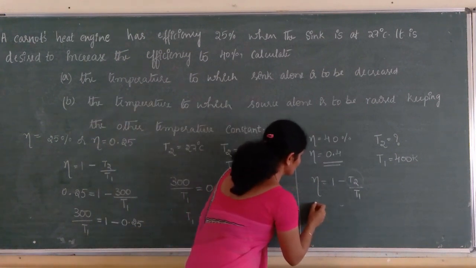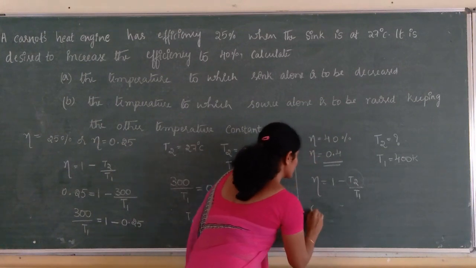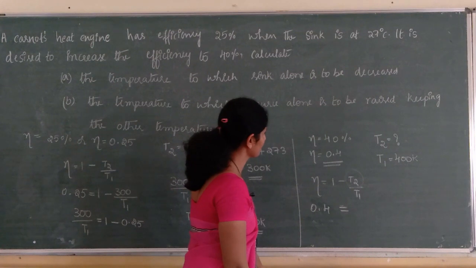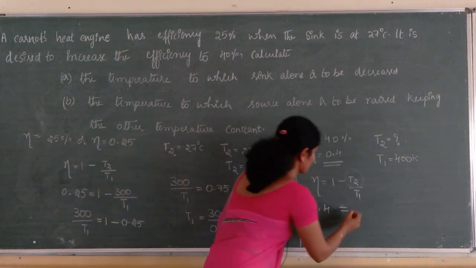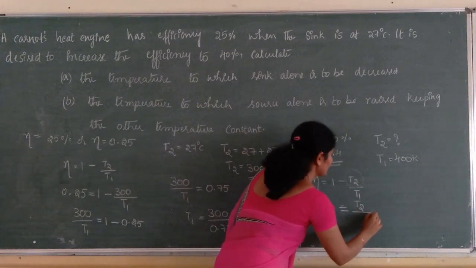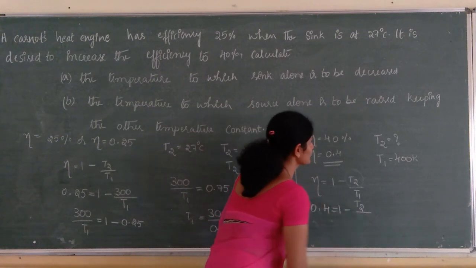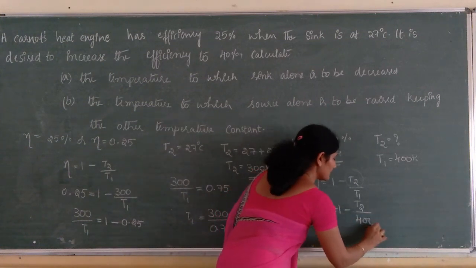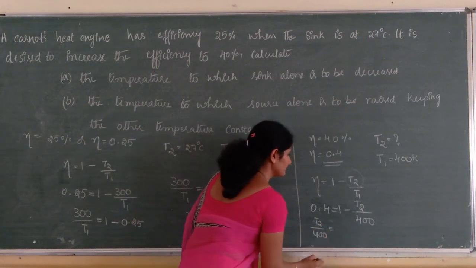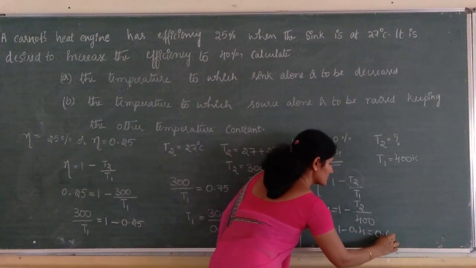So, eta is 0.4, which is equal to 1 minus T2 divided by 400. That is, T2 by 400 is equal to 1 minus 0.4, which is equal to 0.6.